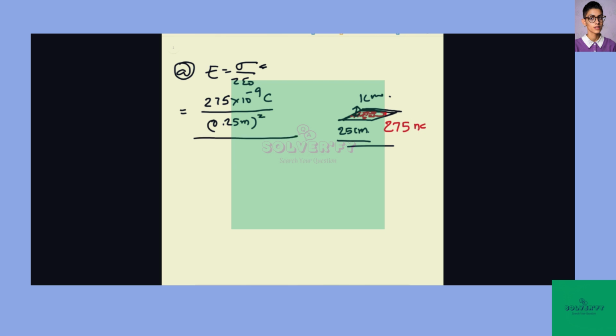Now divided by 2 times epsilon naught, which is 8.85 into 10 power minus 11 coulomb square per Newton meter square. Now you can see that the units give you Newton per coulomb, which is what you would expect for electric field. And the number turns out to be 2.5 into 10 power 5 Newton per coulomb.